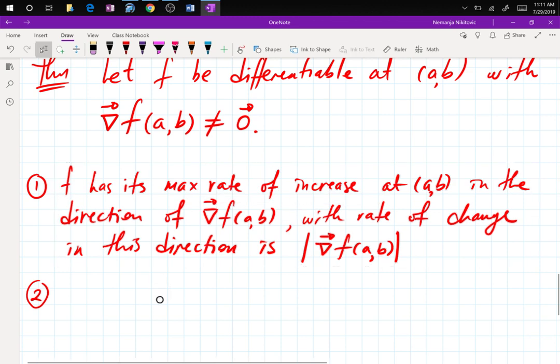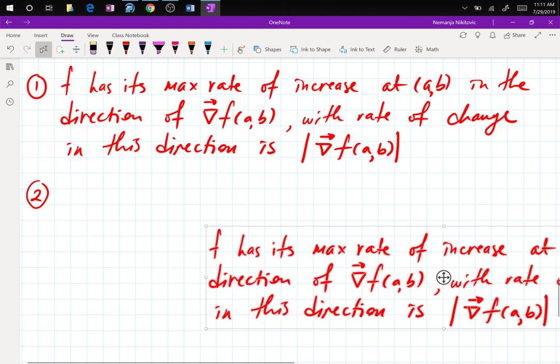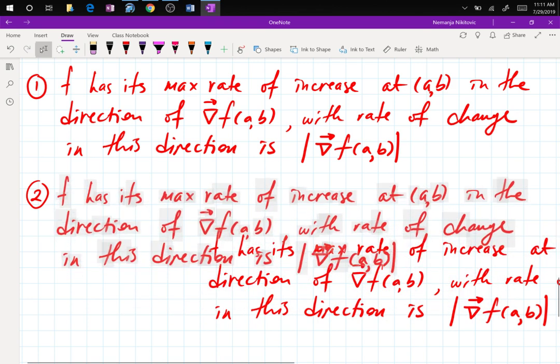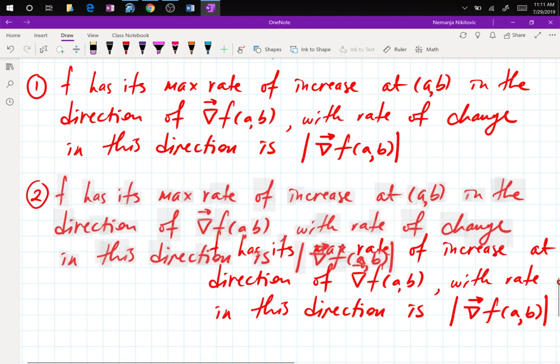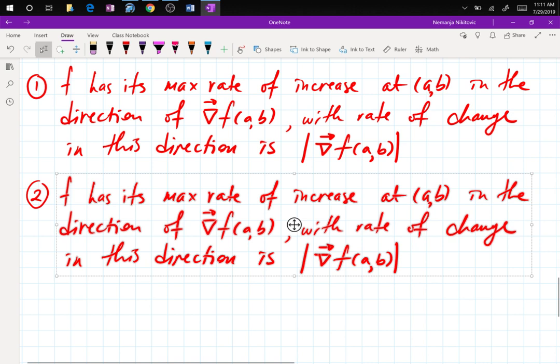So copy, paste, and I'm just going to put the negative signs in front of the gradient, and change max into a min, and increase into decrease.